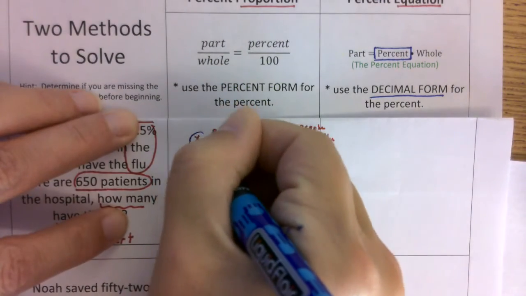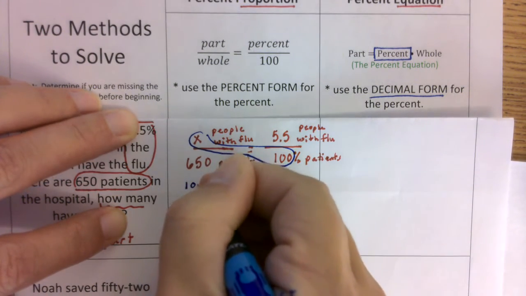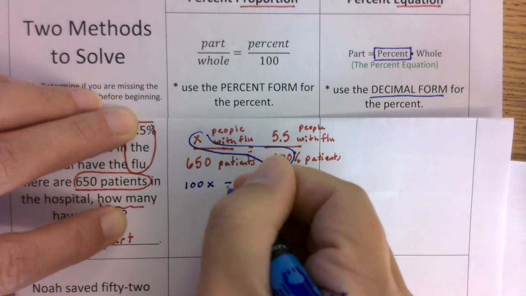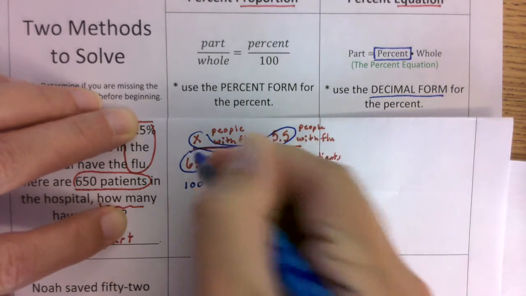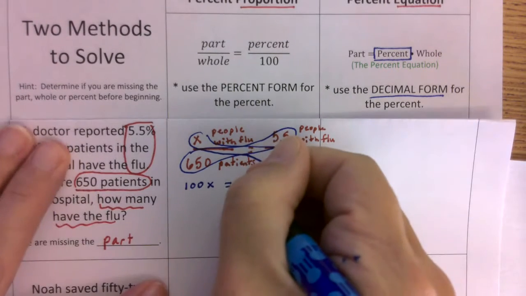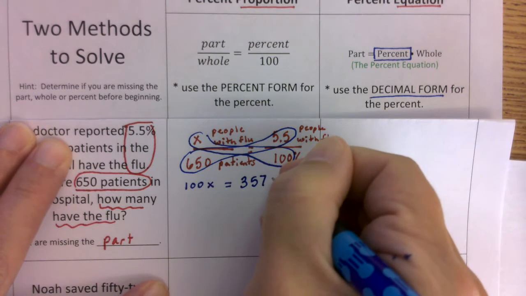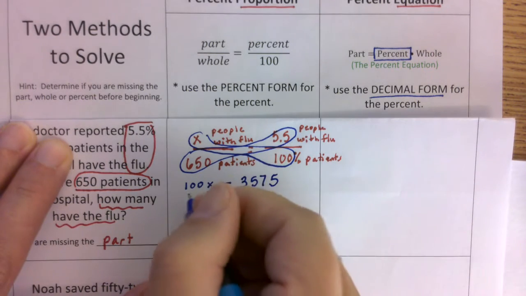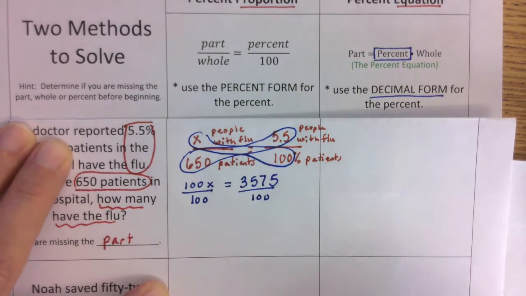So I'm going to do X times the 100, which is actually my favorite one, because when you divide by 100, it just moves the decimal. And then I do 650 times 5.5. And that gives me, wait, no decimal, sorry, 3,575. Now when I go and divide by 100 on each side, this is what I'm talking about.